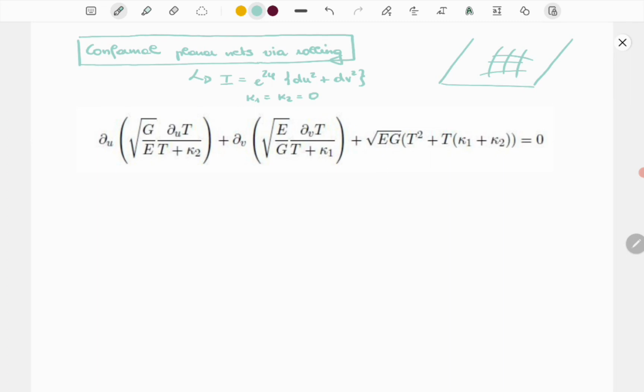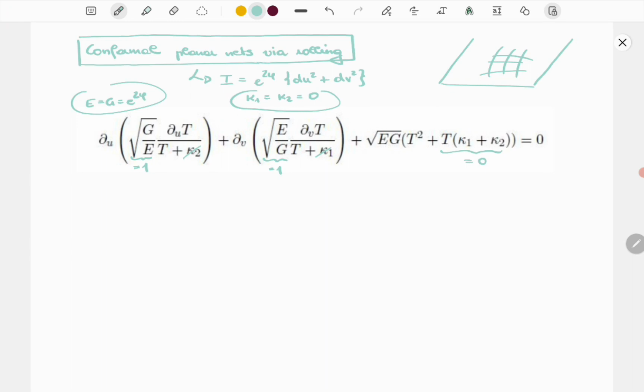And then Bianchi's formula tells us how to determine all pairs of isometric surfaces that generate this conformal planar net via rolling. And in our case, this formula simplifies because we know that E equals G equals e^(2 phi). So this factor here becomes 1, this factor here becomes 1. And moreover, we know that the two principal curvatures vanish. So this becomes 0, this and this as well.